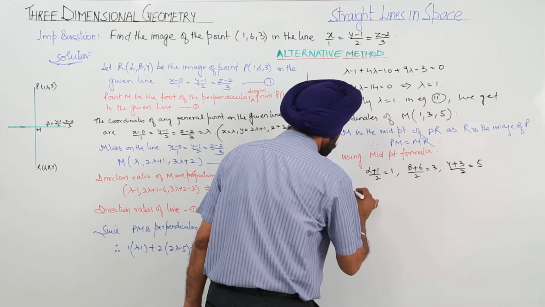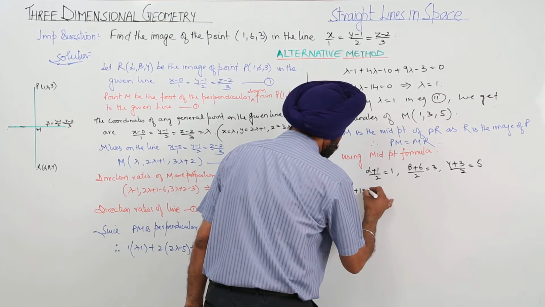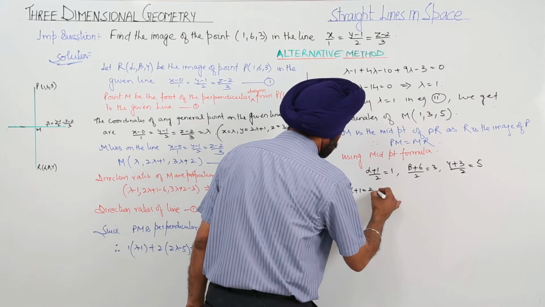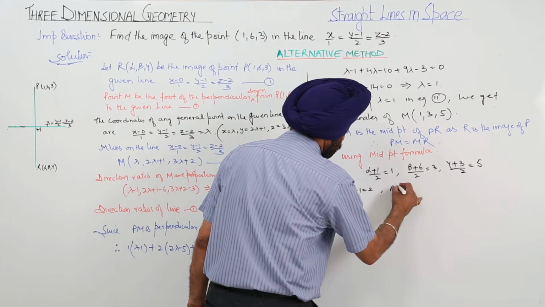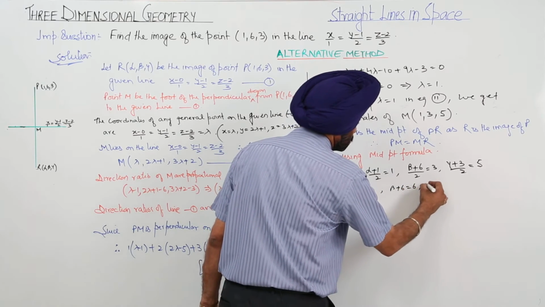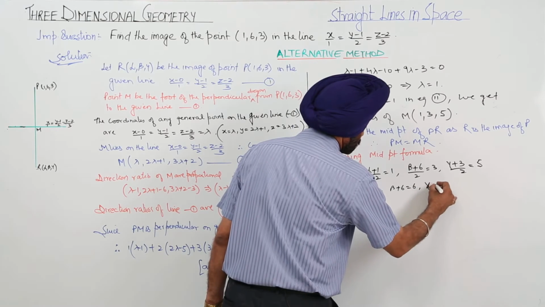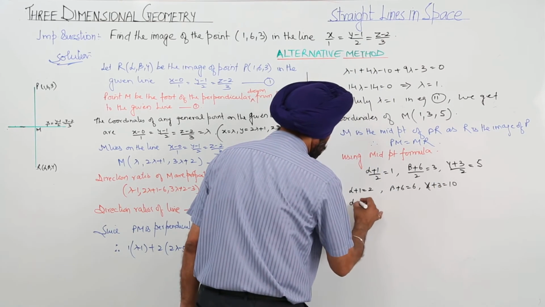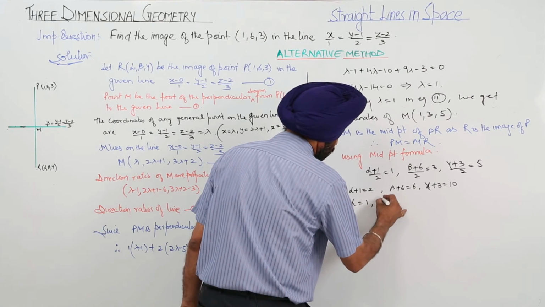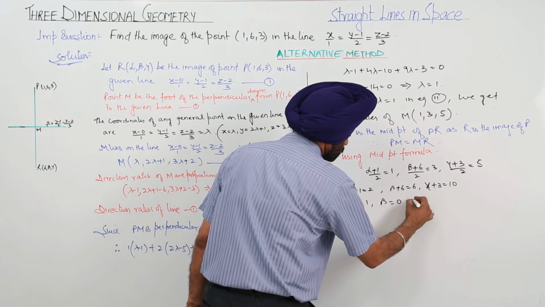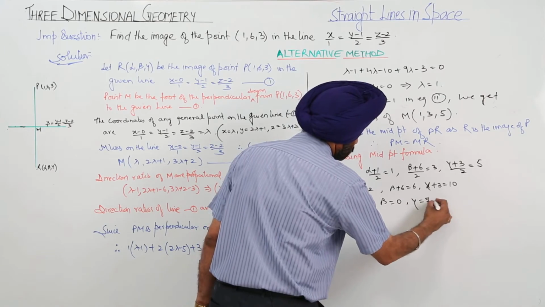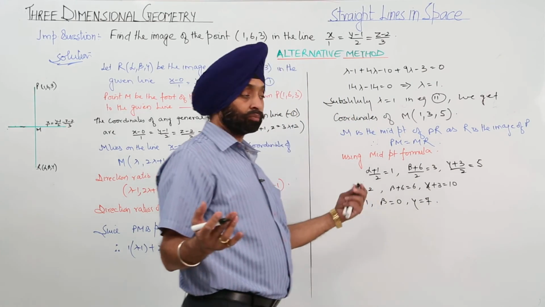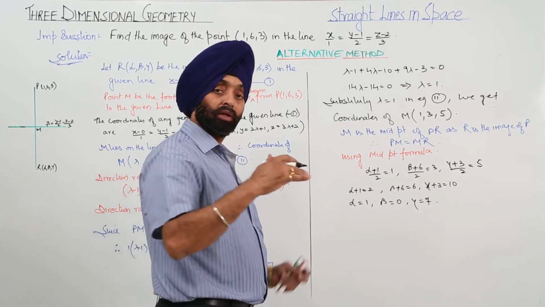Now alpha plus 1 is equal to 2, then beta plus 6 is equal to 6, gamma plus 3 is equal to 10, so alpha is equal to 1, beta is equal to 0, gamma is equal to 7. So this was the same answer we got in the last module.